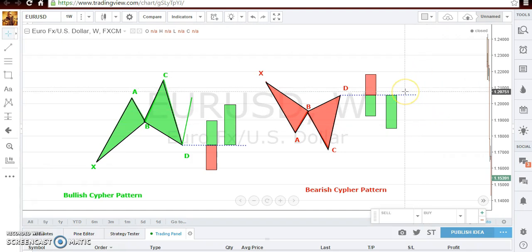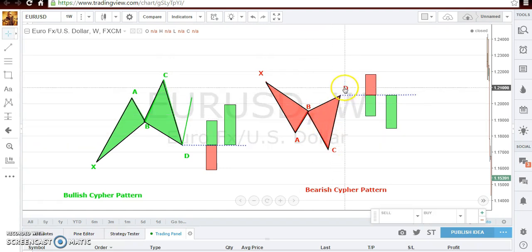And one of the things that I do when it comes to trading advanced patterns is, for example, if I'm trading a bearish Cypher pattern, once I identify the bearish Cypher pattern and the completion point, all I have to do is wait for the market to come into that point.